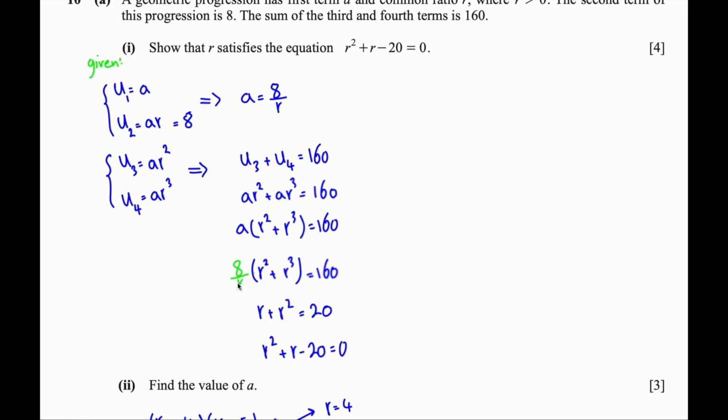So a is replaced with 8 over r, and before you expand it, I can cancel 8 from both sides. So 160 divided by 8 is 20. And over here I got r plus r squared, and bring everything to the left hand side, and you're going to get what we have up here.